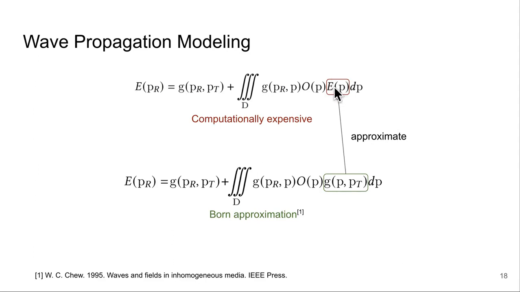To alleviate this problem, a point approximation is proposed by Zhou et al., which treats each point in space as an independent scatterer and does not take into account the higher order scattering effect.